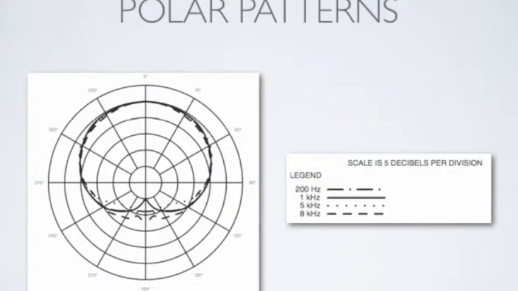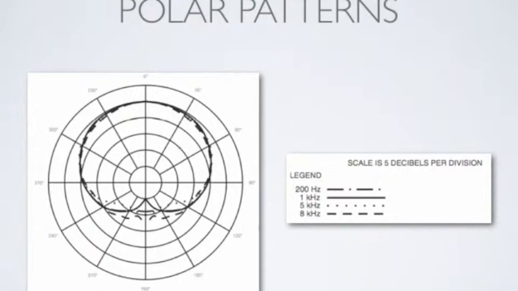On the graph presented here, 0 shows the direction the microphone is facing. 90 and 270 degrees are the sides of the microphone, and 180 degrees again is the microphone's back. The polar pattern shows the solid line as a 1 kHz signal.